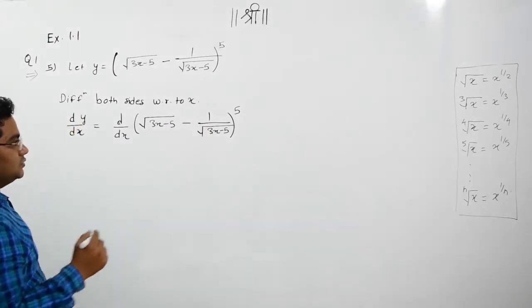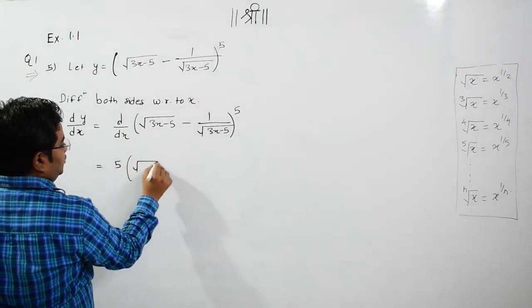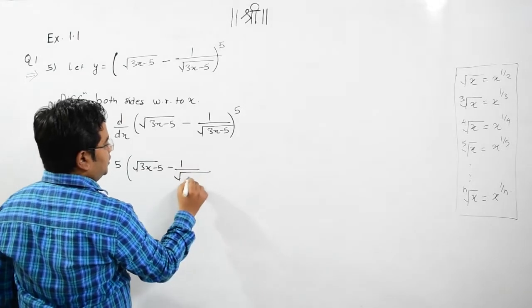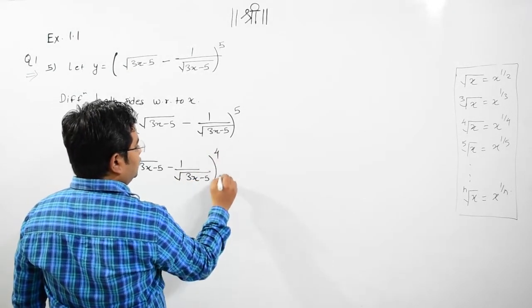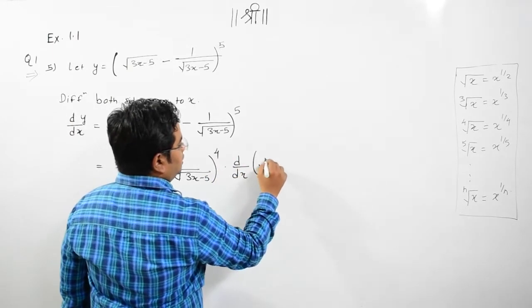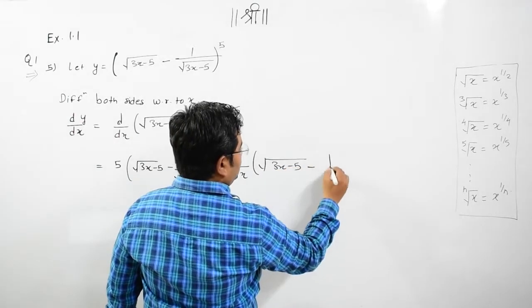Now if you consider this, what will happen? 5 under root of 3x minus 5 minus 1 upon under root of 3x minus 5, complete bracket raised to 4 dot d upon dx of under root of 3x minus 5. Okay, hope you will get it.